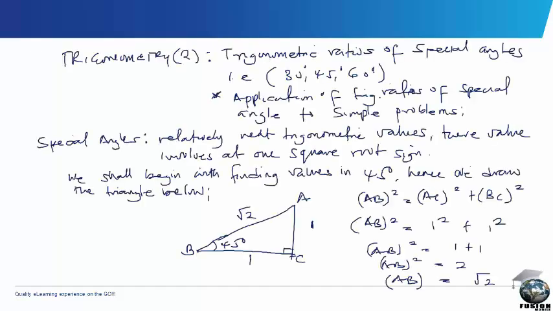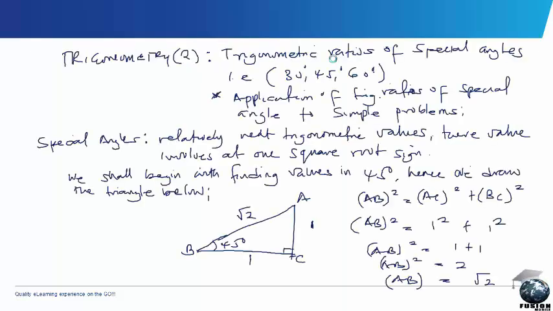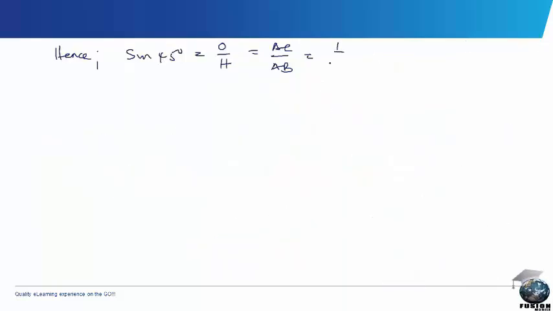Sine of 45 degrees is defined as opposite over hypotenuse. Looking at the triangle, we have opposite as AC over AB. AC is 1 and AB is root 2.